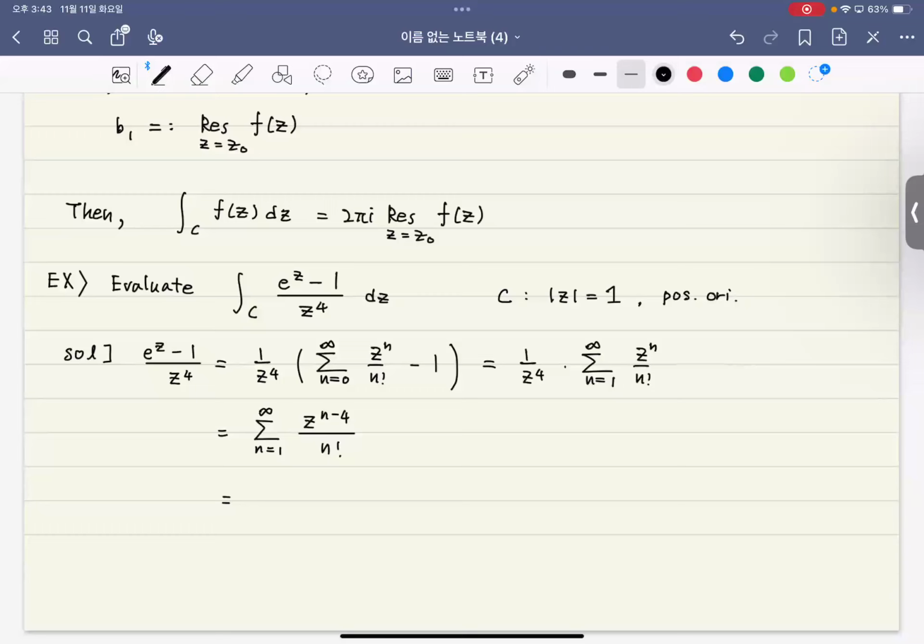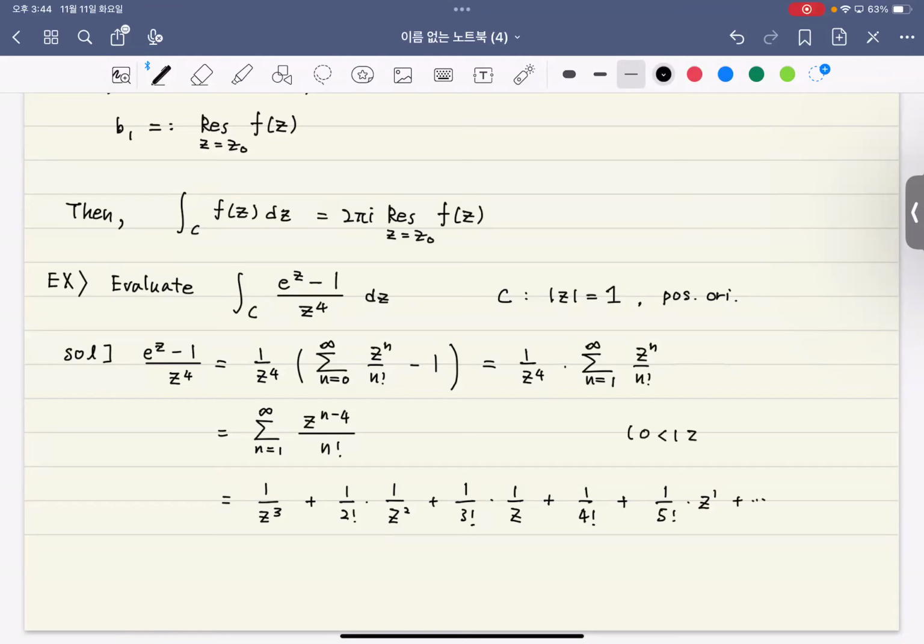Let me write down the first few terms of this infinite series: 1 over z cubed, plus 1 over 2 factorial times 1 over z squared, and 1 over 3 factorial times 1 over z, and 1 over 4 factorial times z to the zero, and then 1 over 5 factorial times z to the first, and so on.